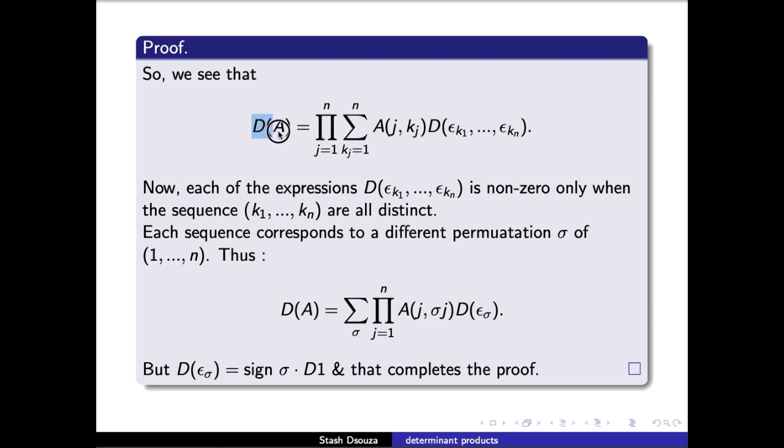D of A is given as a product over j going from 1 to n, with indices k_j depending on j, also going from 1 to n, and we've got coefficients a_j k_j.